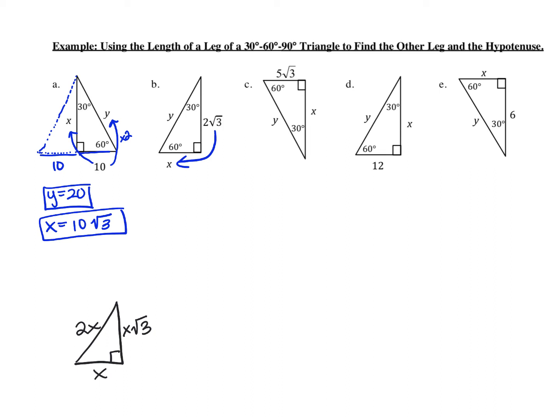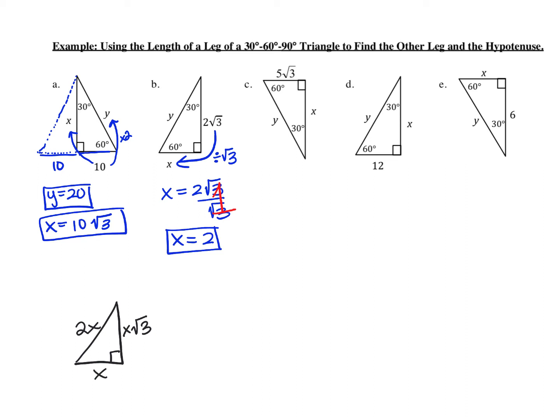So if I'm looking for the medium side, which is 2 root 3, we're going to divide by root 3 to get x. So x is equal to 2 root 3 divided by root 3. The root 3's will divide out to get 1, and your answer for x is 2.